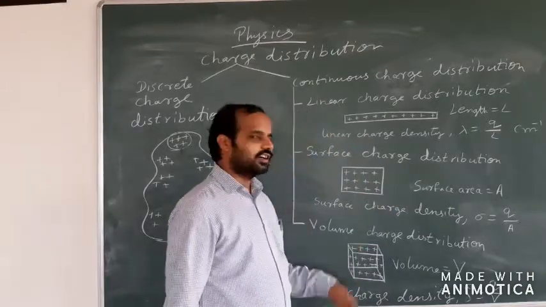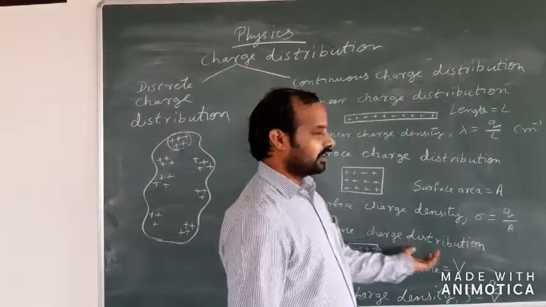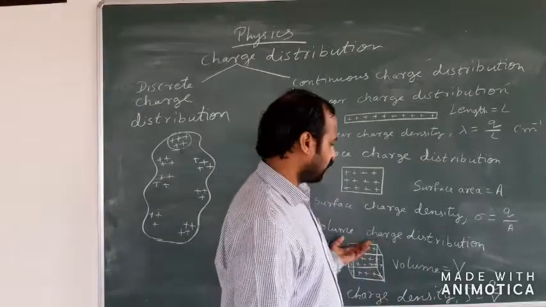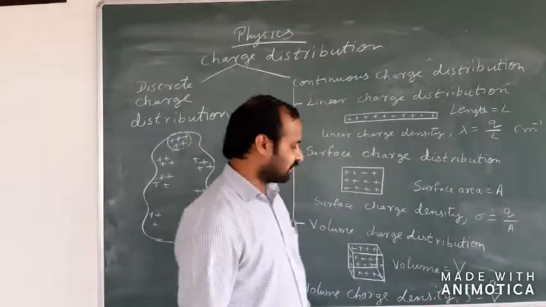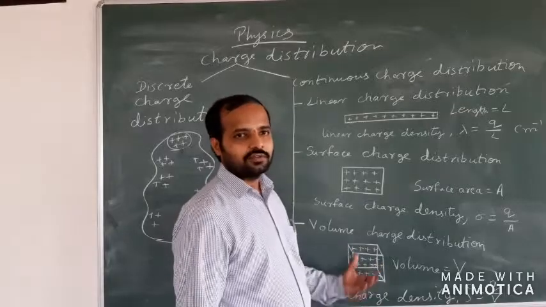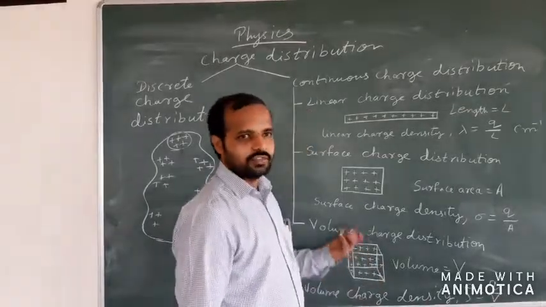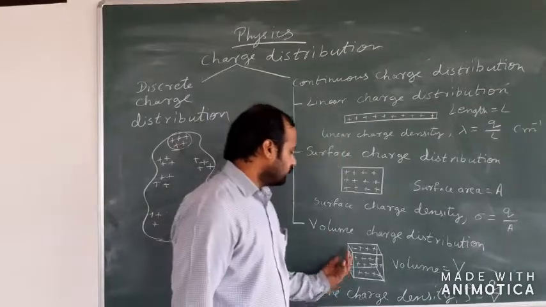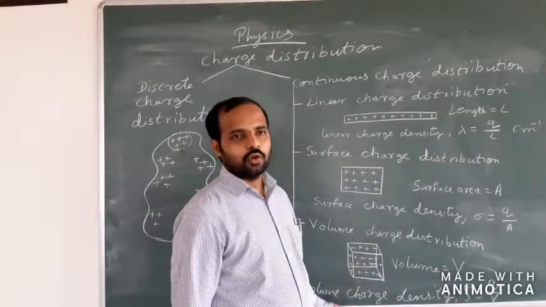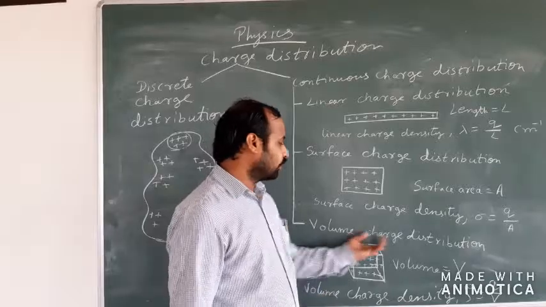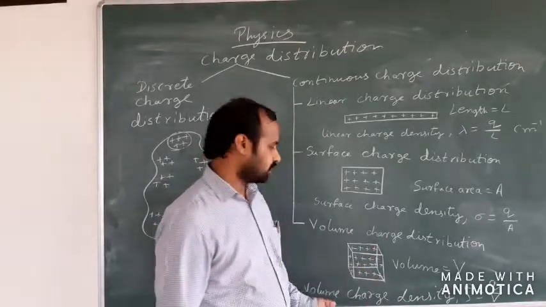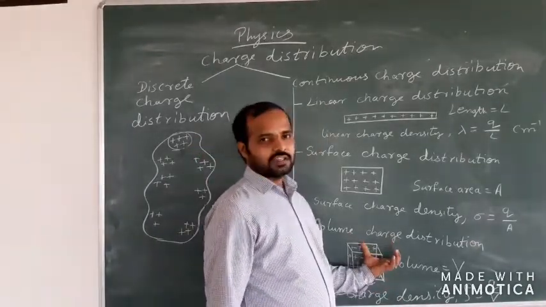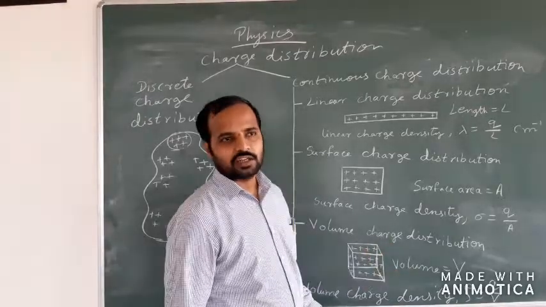Now coming to the third type of continuous charge distribution, it is called the volume charge distribution. Let us say we have taken a certain amount of charge within an enclosed surface. In such a case, the charges will be distributed throughout the volume of that particular enclosure, and this kind of charge distribution we call the volume charge distribution.